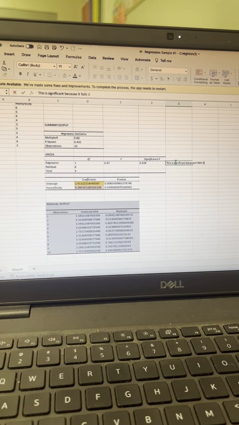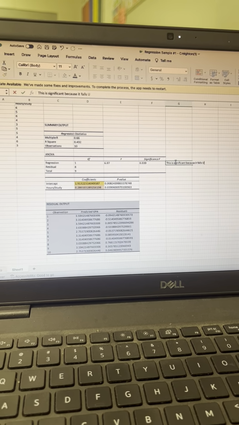So R is the abbreviation for correlation. And it's not just R, it's lowercase, and it's also italicized. So the only difference here is that it's a capital R. That makes sense?